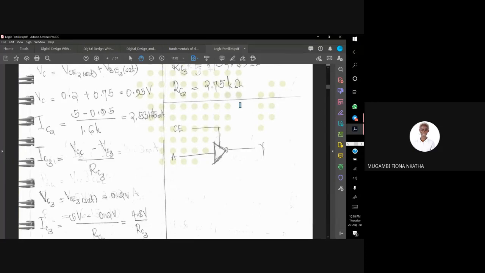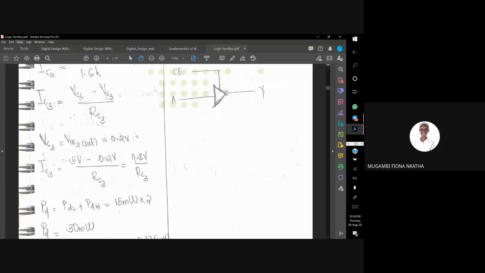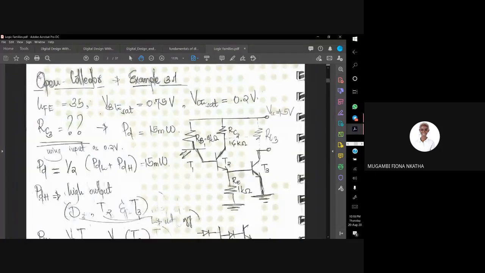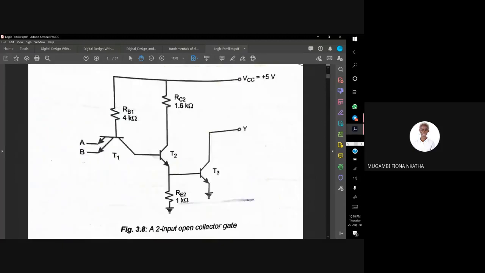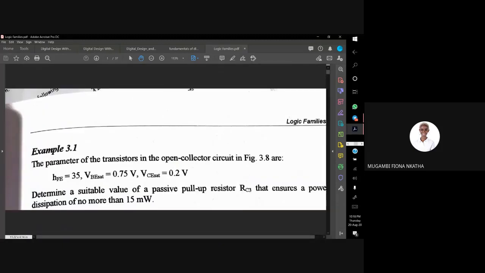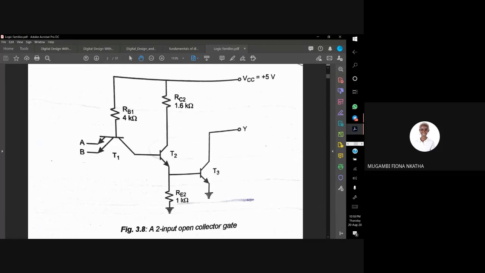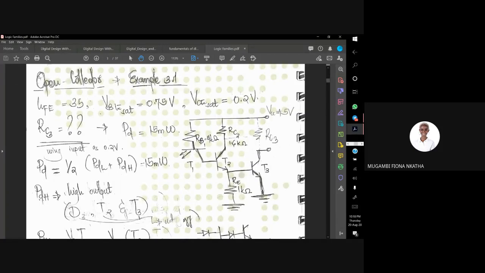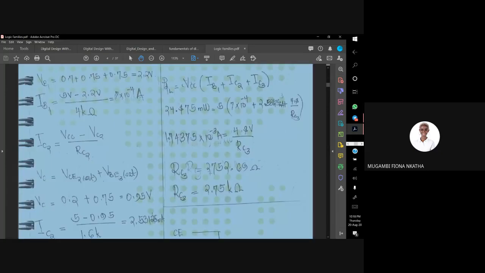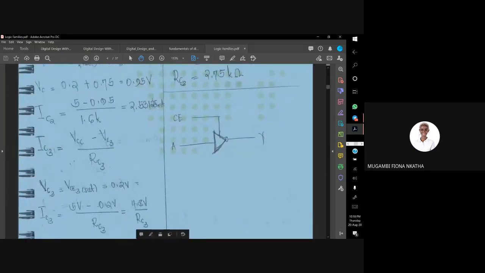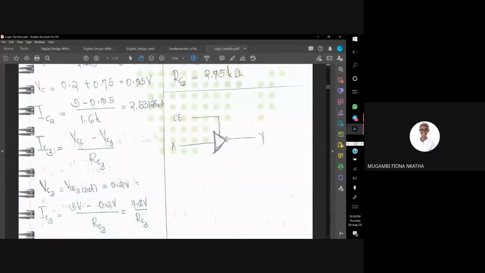So 5 minus 0.2 divided by RC3 becomes 4.8 divided by RC3. Remember, you don't know RC3. But in the question, we were given the power dissipation of 15 milliwatts. So we know the power dissipation is 15 milliwatts, and we know PDH, the power dissipation when you have a high output, but we don't know PDL because now it's going to be in algebraic form because of this RC3.